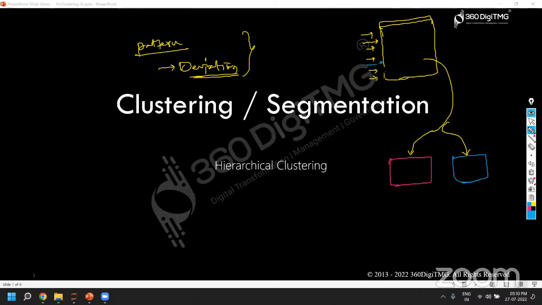So if I try to find out like this, maybe these blue lines are all similar records. Then we have pink lines, and then we also have yellow records. You can see my data might have a combination of all these different records.